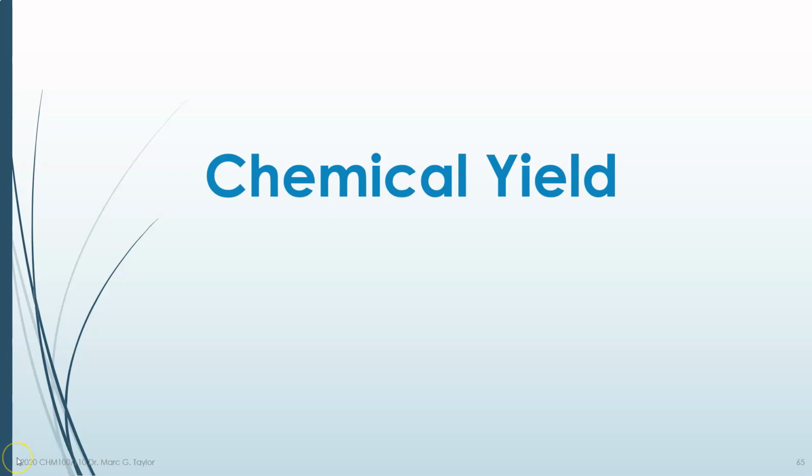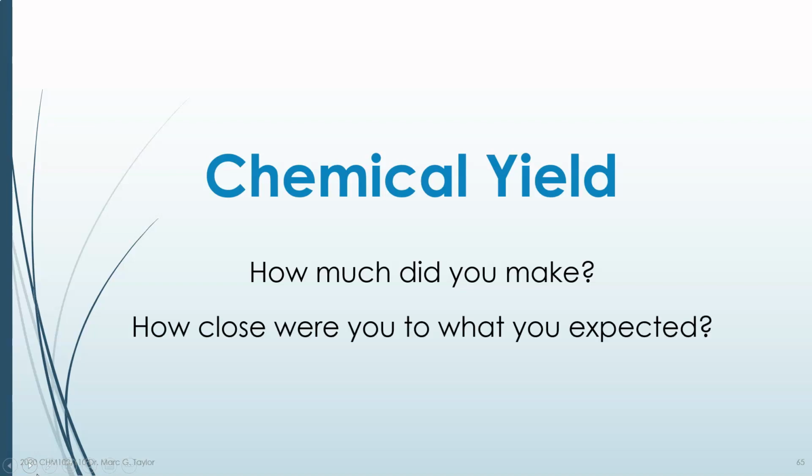Well, we've already spent a bit of time going over how to use stoichiometry to calculate how much product you get from a given amount of reactant. And when we're talking about chemical yields, first you need to figure out how much you made in a chemical reaction, and then you compare that to how much you actually expected to get, and you ask yourself, how close was I?